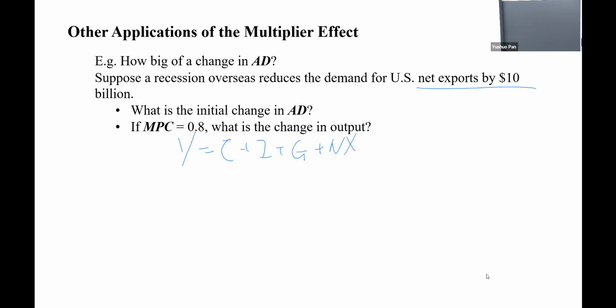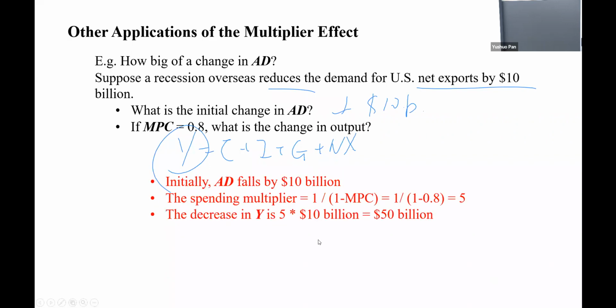If net export is reduced by $10 billion, which means Y, the total output of the aggregate demand curve, is going to decrease by $10 billion. That's the initial change in AD.